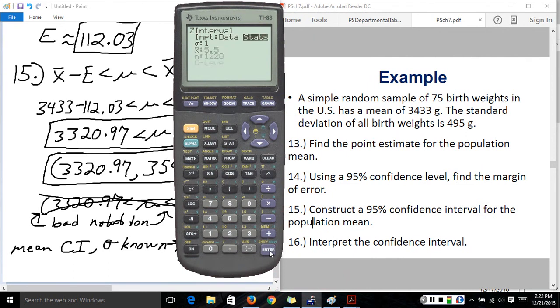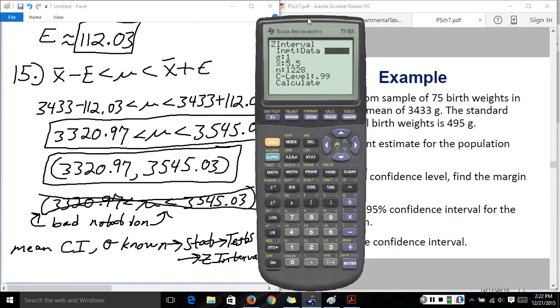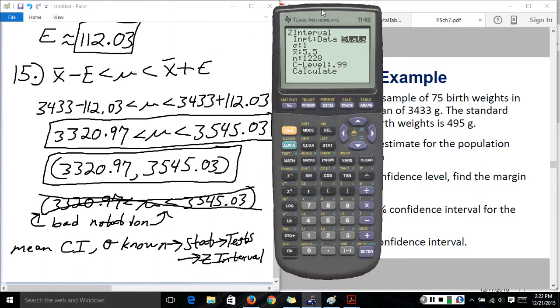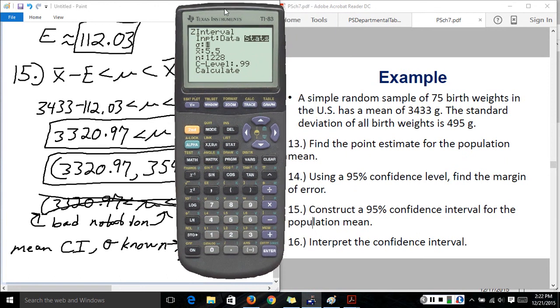So I go to stats, make sure it's highlighted, and now I've got to fill those in. Sigma is the first thing I fill in. That was 495. X bar is the next thing, 3,433. N is the number of birth weights, that's 75, and C level is confidence level 0.95.